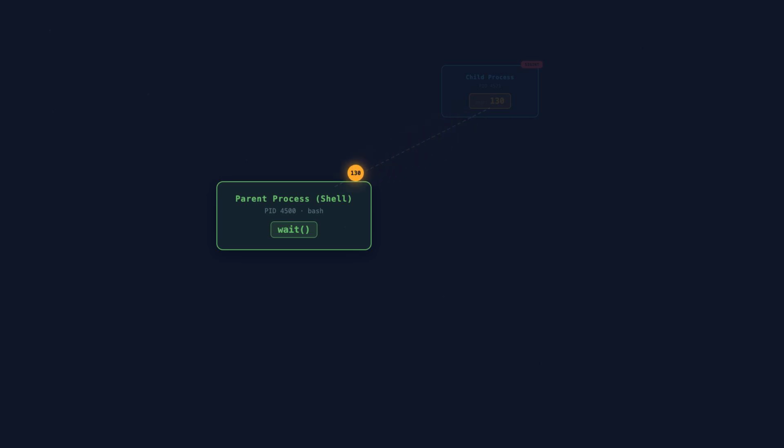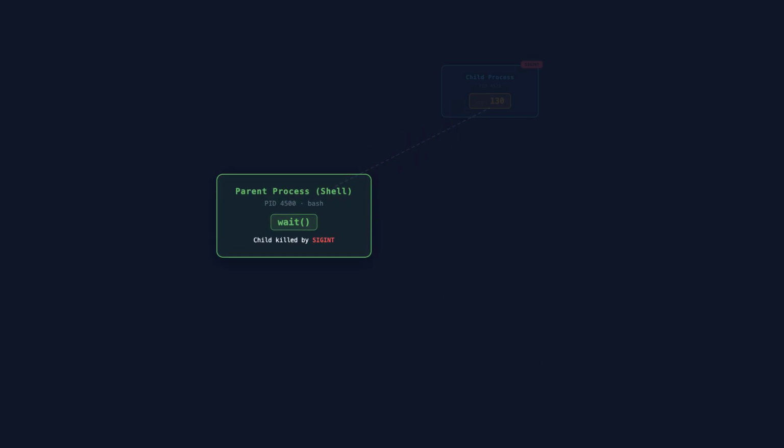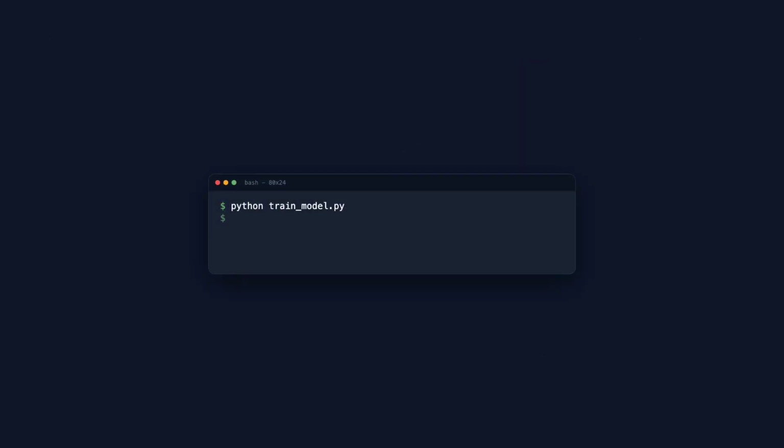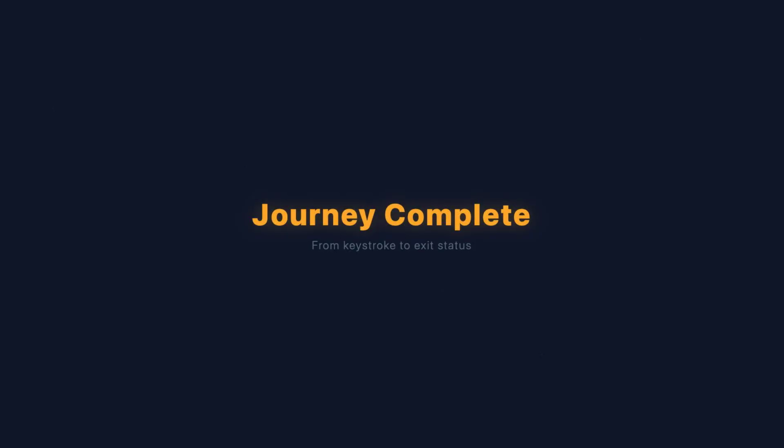When wait returns, the shell receives the exit status. It decodes it and knows, my child was killed by a signal, specifically SIGINT. The shell then prints a new prompt and hands control back to you. You can actually verify this yourself. Right after pressing Ctrl+C, type echo $?. You'll see 130. And just like that, the journey is complete.